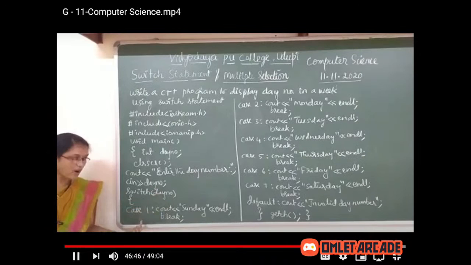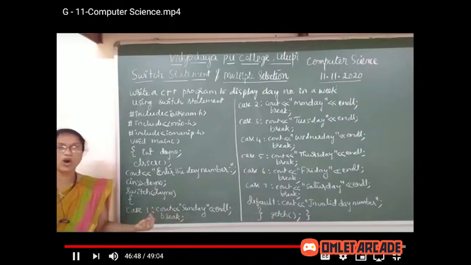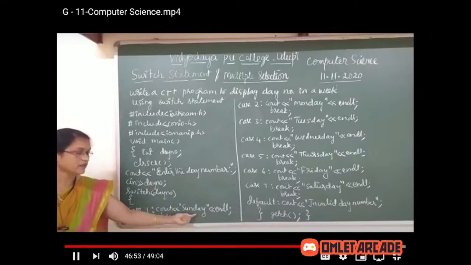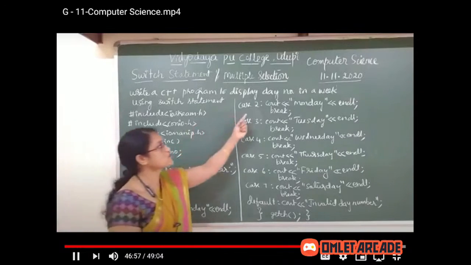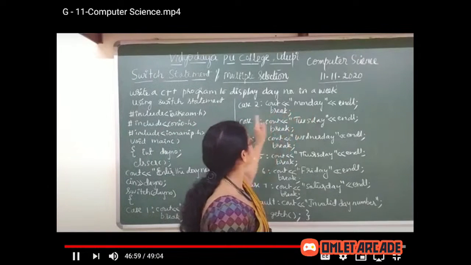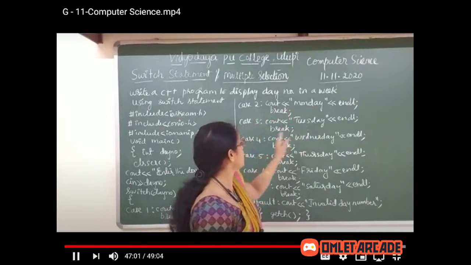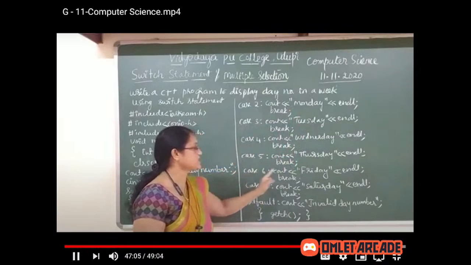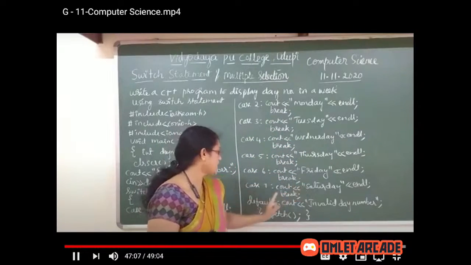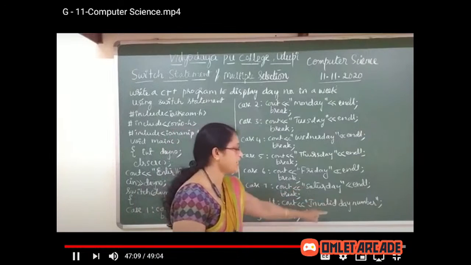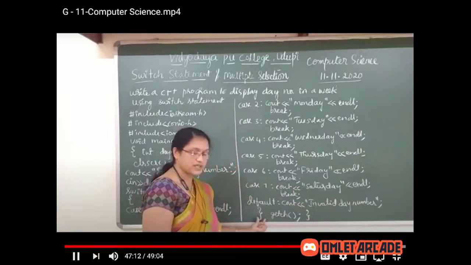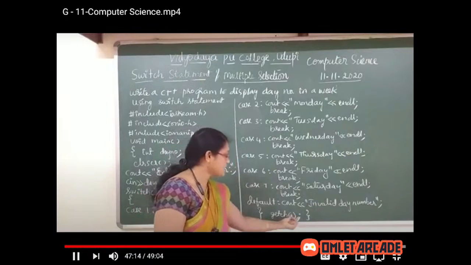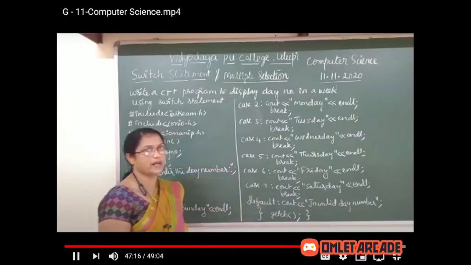Then if a match occurs, the corresponding block of statements is executed. And case 2, that is cout Monday, case 3 Tuesday, case 4 Wednesday, case 5 Thursday, 6 Friday, 7 Saturday, and default invalid day number. Close the switch, that is close the flower bracket, getch, semicolon, close the flower bracket.